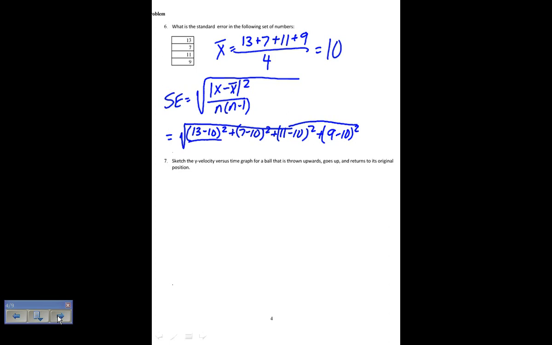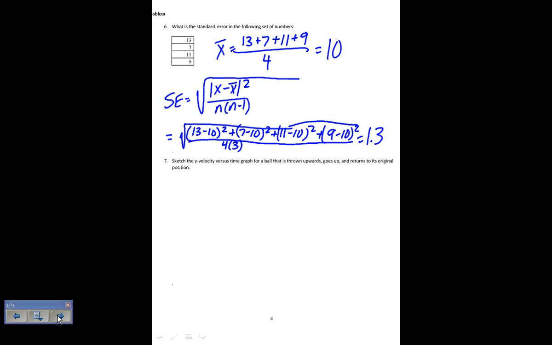This is all divided by 4 times 3. 4 times 4 minus 1, which is 4 times 3. Notice that the n minus 1 is also under the square root. A number of people didn't square root that 12, but it has to be square rooted as well. Put this in your calculator, you get 1.3.